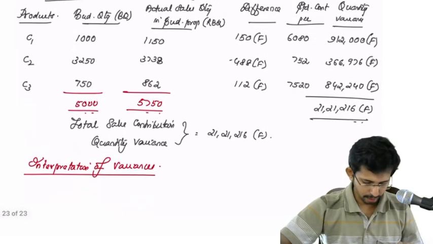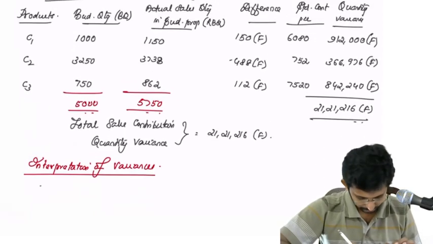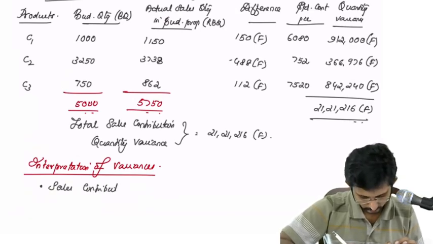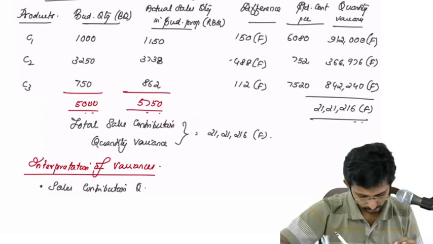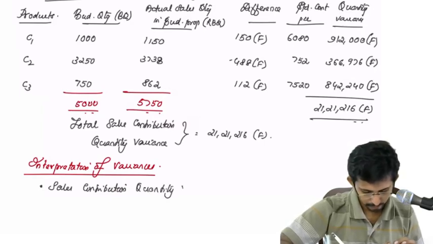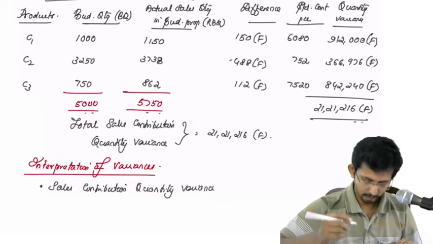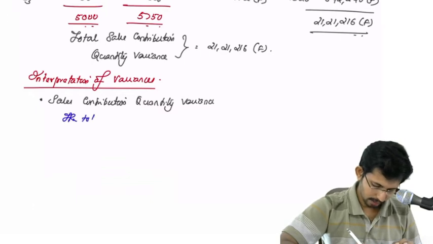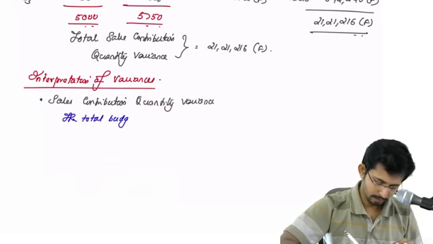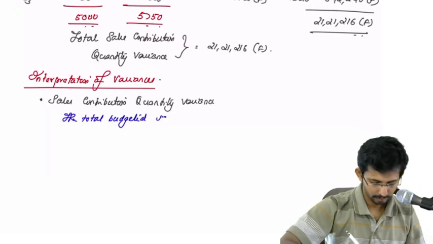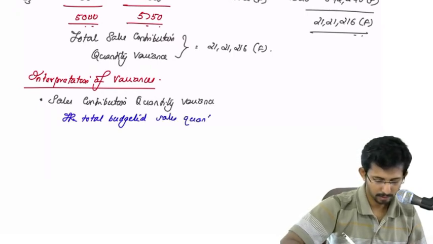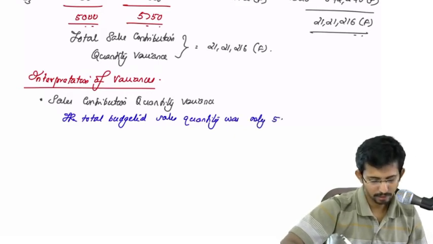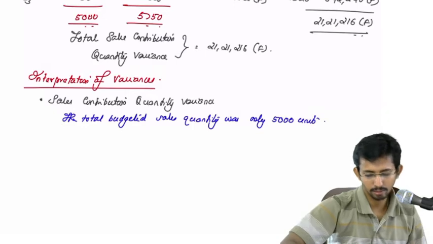Okay, so interpretation of variance, you can say first, quantity variance: the total budgeted sales quantity was only 5,000 units.